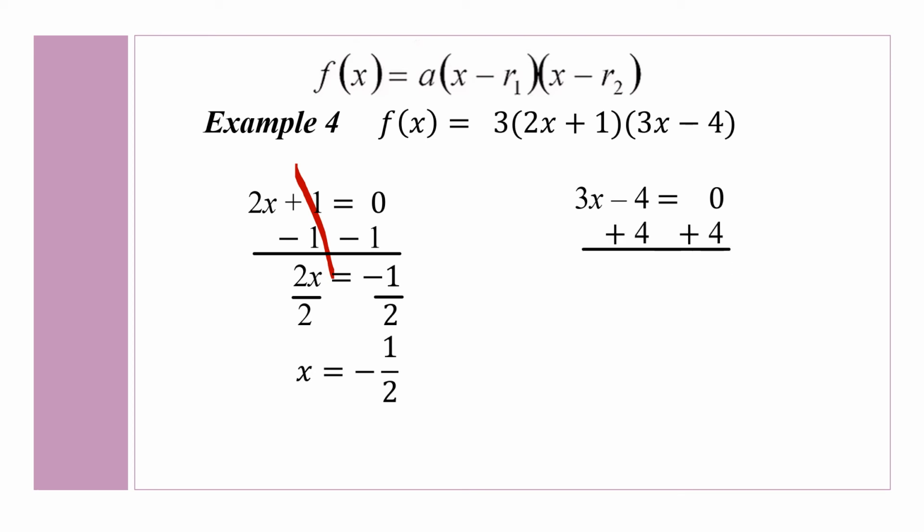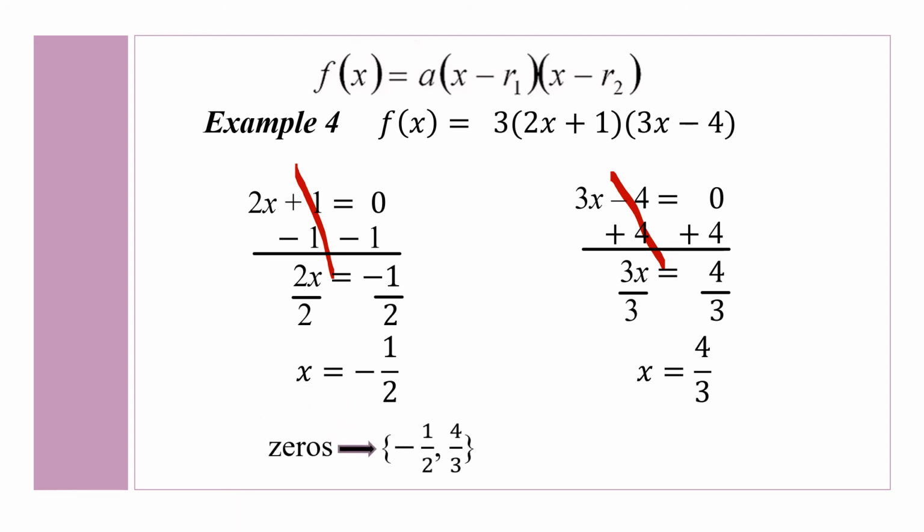In the second one, we're going to add 4 to both sides, cross out 0. We have 3x equals 4. Divide both sides by 3. X is equal to 4/3. So our zeros, or our x-intercepts, are going to be negative 1/2, 4/3. And since in this case a is 3 and it's greater than 0, then it's going to open up.